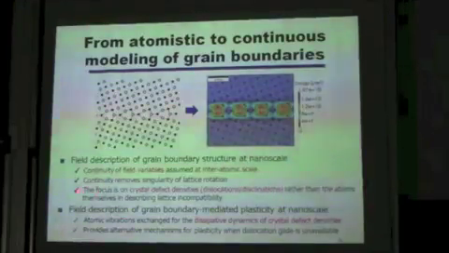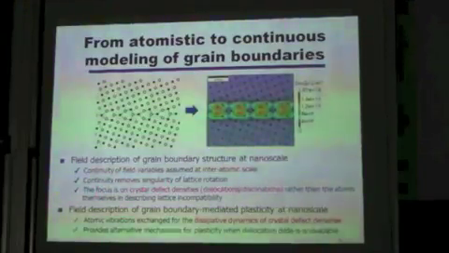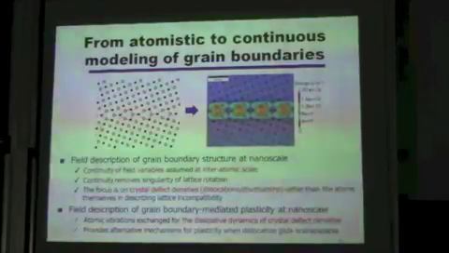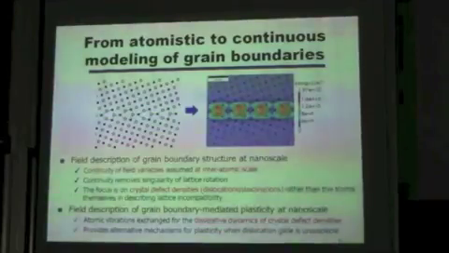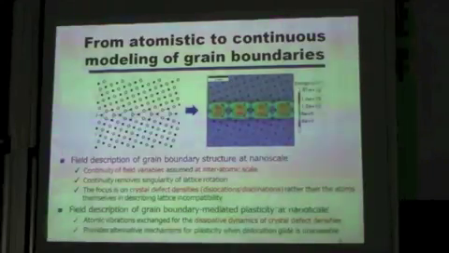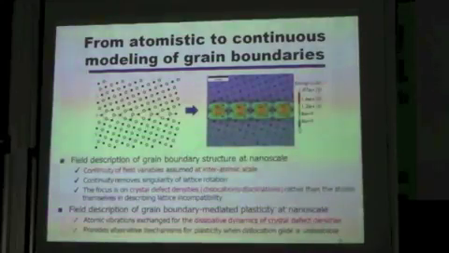And the result is that continuity removes the singularity of lattice rotation that is normally seen at grain boundaries. That is, you have one rotation on the left-hand side, another one on the right-hand side, and so at any point of the boundary, you have 2 values of the rotation. So it's ill-defined in that sense. That does not happen here because we don't have discontinuity anymore.